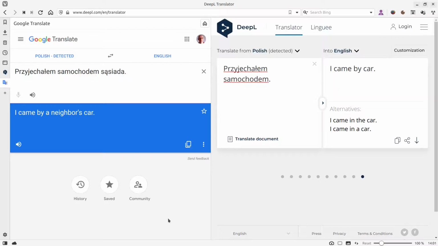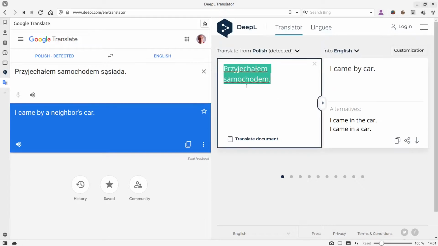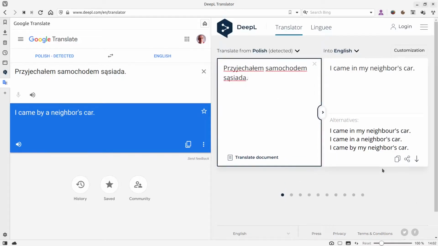By car, by bus, and so on. So you can't say by somebody's car, or by my car, or anything like that. Or by the car. I came in my neighbor's car, so that's a correct translation. Of course, you've got one incorrect alternative here, but the main translation is okay.